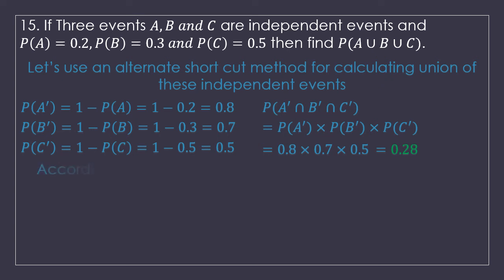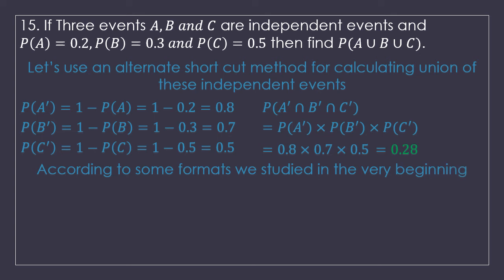Now according to what I explained in the very beginning of my video, the first or the second video, the various forms of the probabilities, in which one was A dash intersection B dash intersection C dash is (A union B union C) dash. Now I hope you guys understand the connection between the question and what I am doing right now.